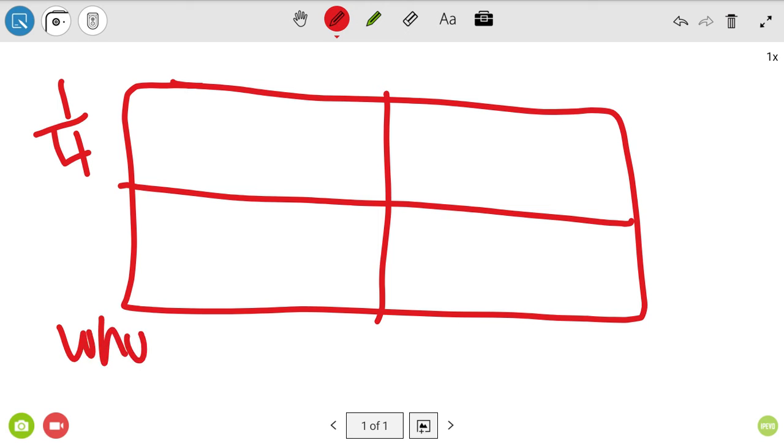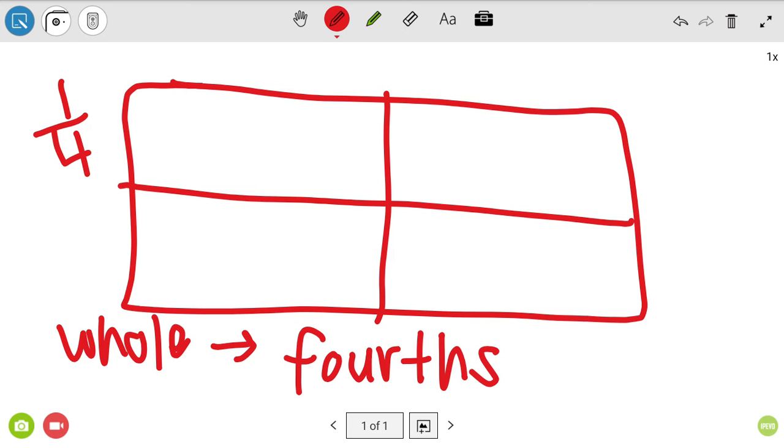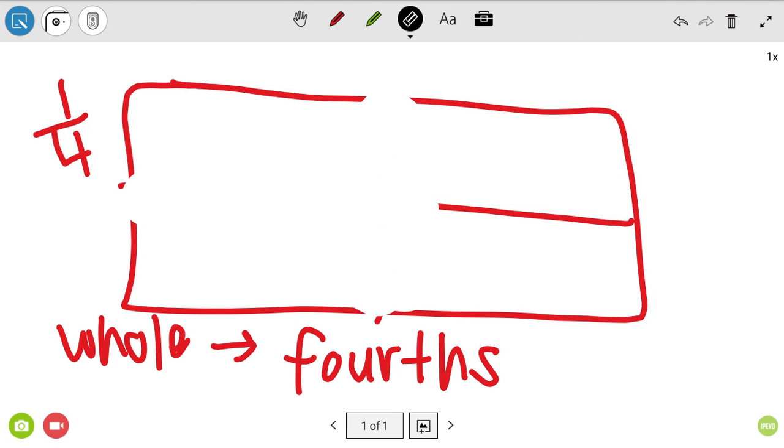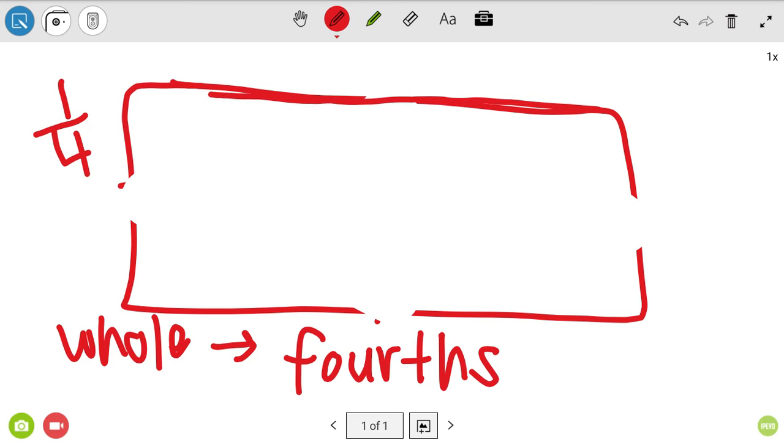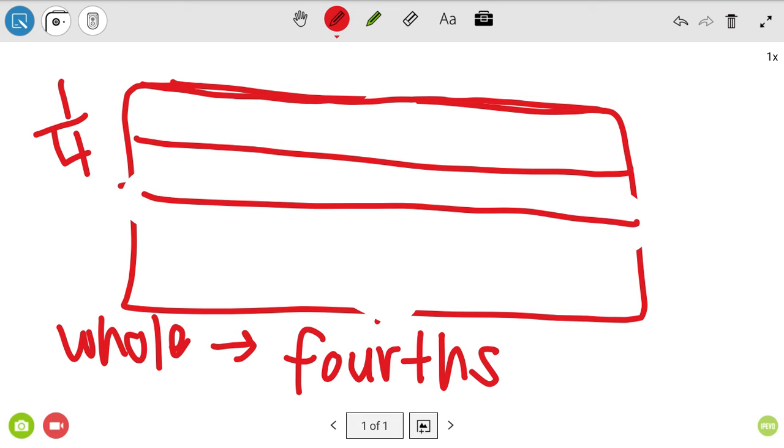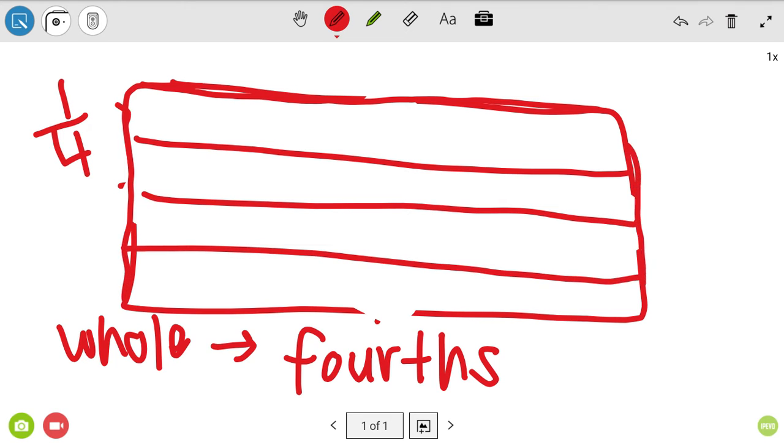You're taking your whole and you're turning it into fourths. So you could partition it that way. Or again, you can partition it into rows. So 1, 2, 3, 4. And each one of those would be a fourth, okay?